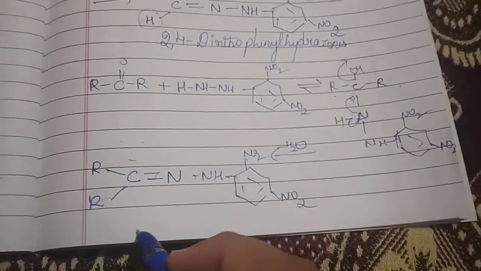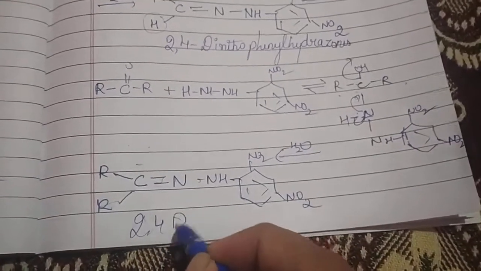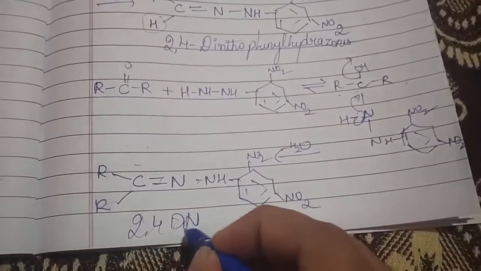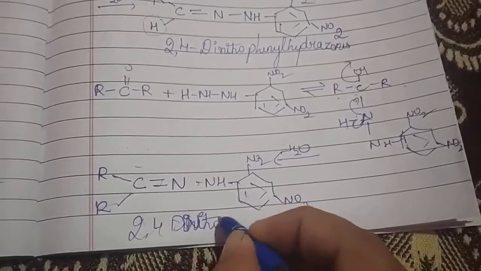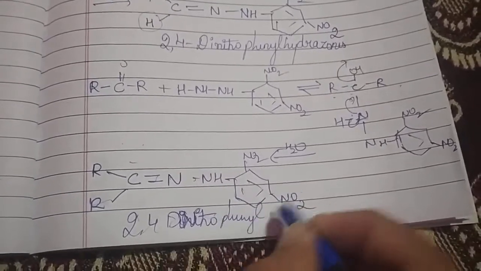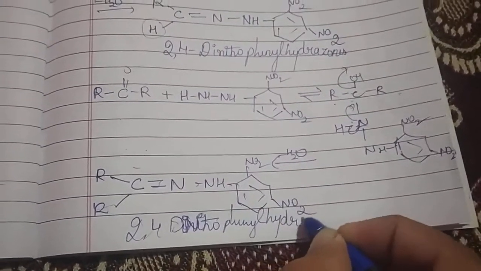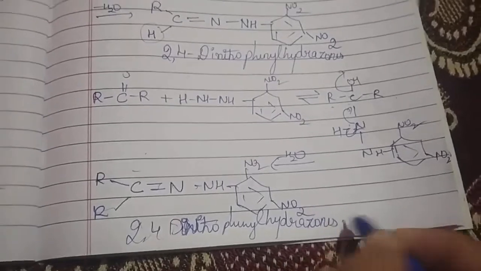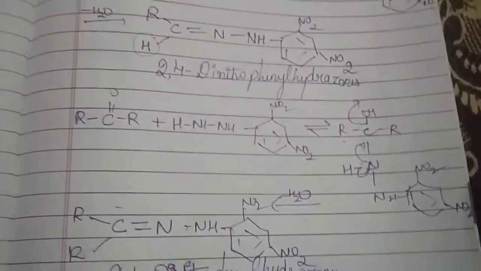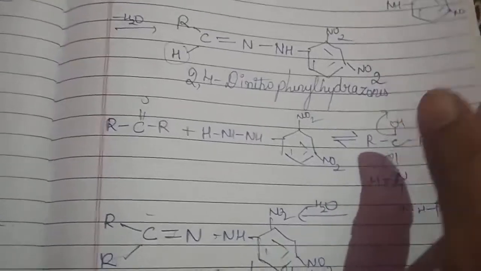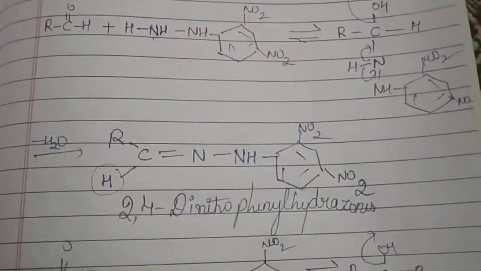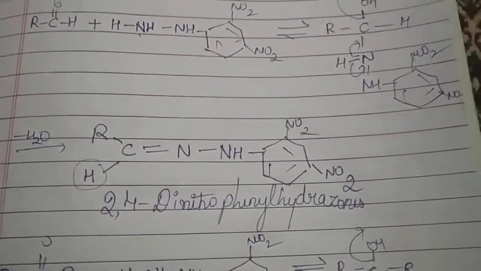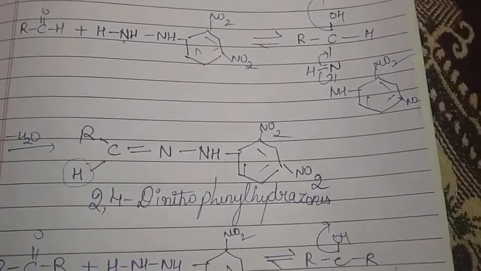So this is also called as what? 2,4 dinitrophenyl hydrazones. Is that clear? I have mentioned earlier when I was doing this reaction, this can be a test for the identification of your carbonyl compounds. Why is it so?